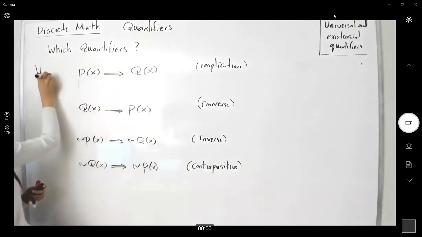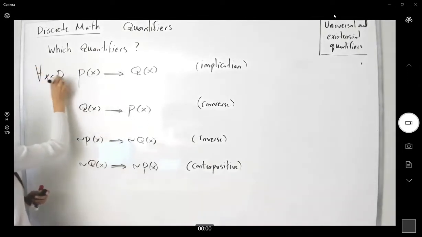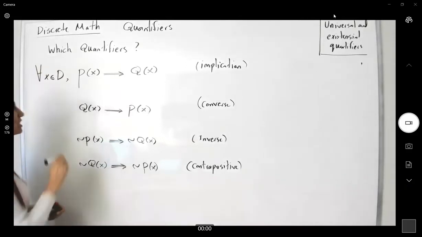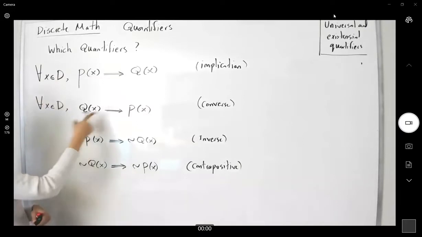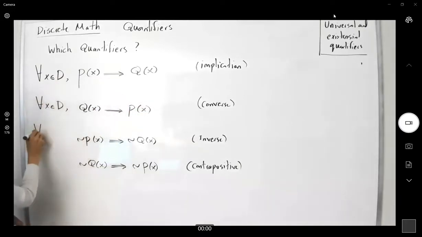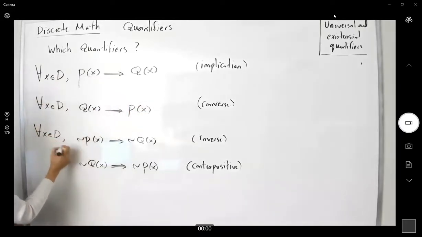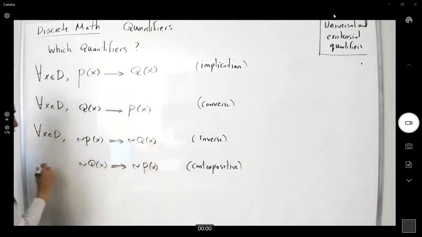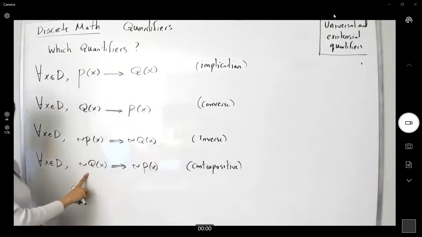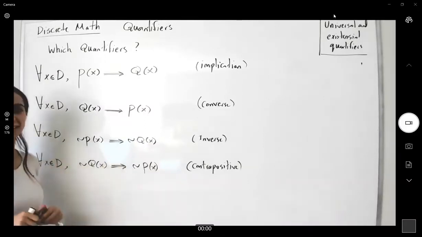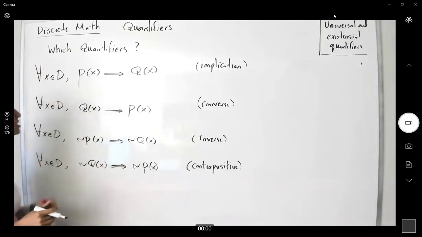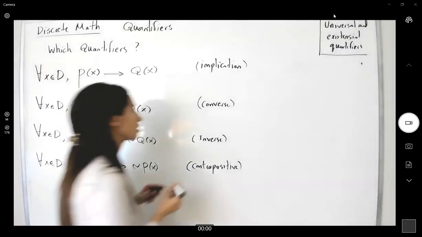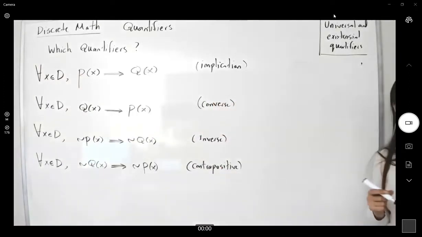For any x in the domain, Px implies Qx. For any x in the domain, Qx implies Px. For any x in the domain, not Px implies not Qx. For any x in the domain, not Qx implies not Px. So for implication, we're going to use universal. These are all universal statements.